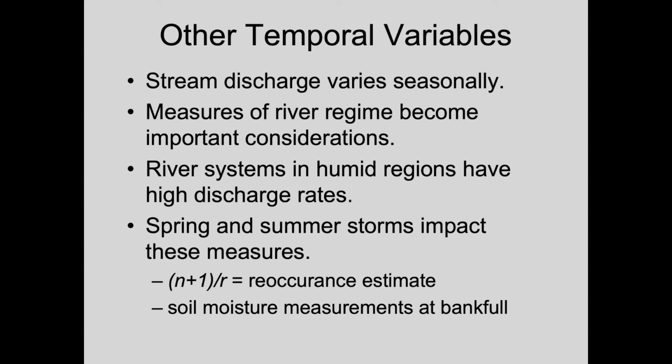River regime, in a sense, is a time-specific measure of stream discharge for a watershed. River systems in humid environments will experience the most significant temporal variations with regard to stream discharge. We will see almost constant and dynamic expressions of systematic equilibrium in these watersheds.